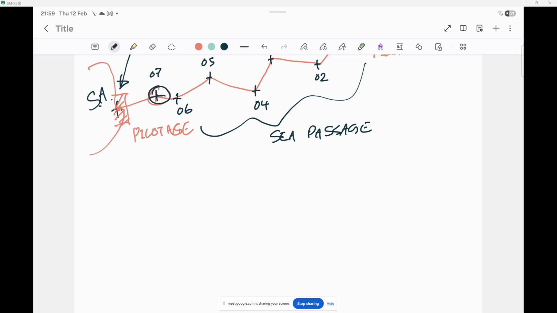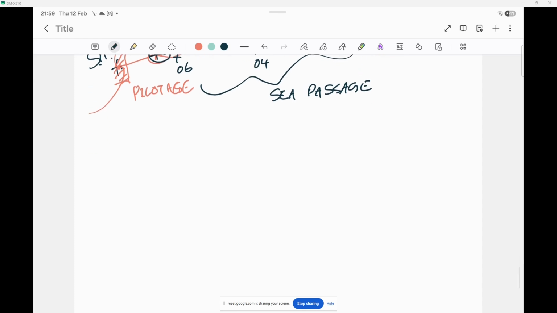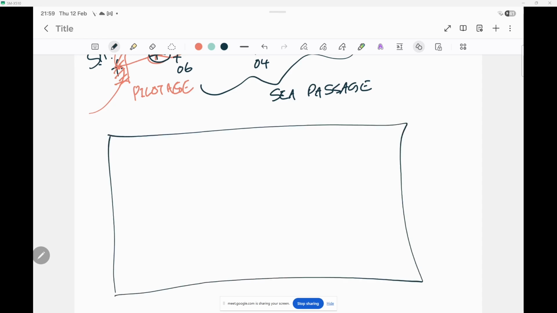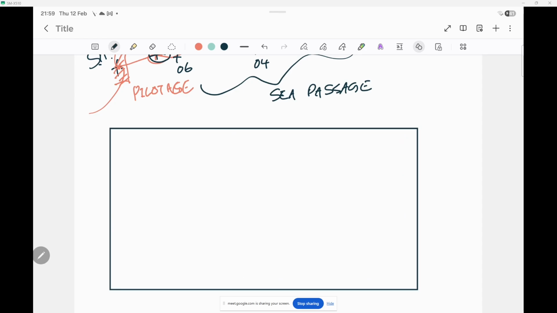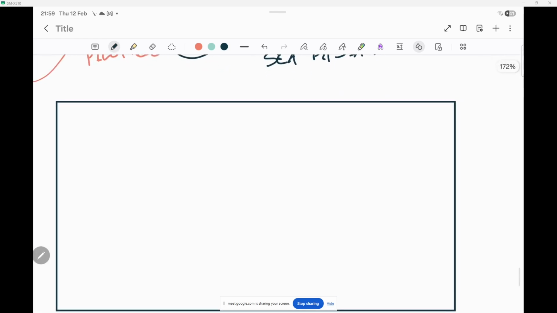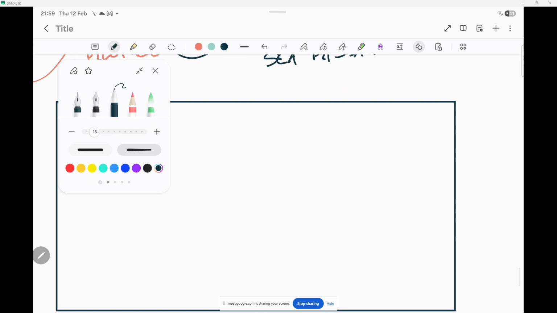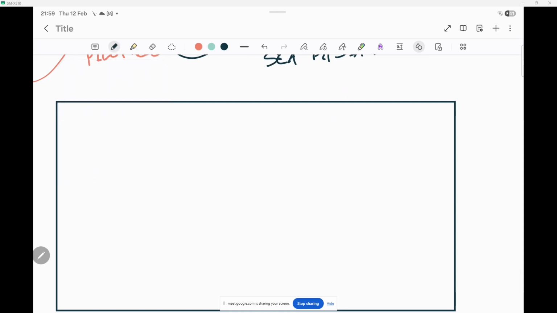So let's now look at how to create a course card, right? We will take the previous example course card. You all can see what I'm writing, right?